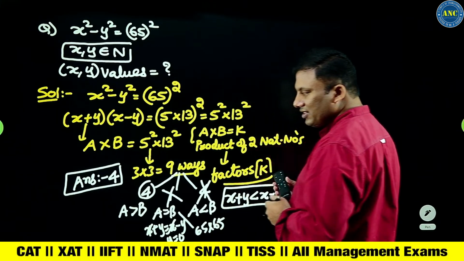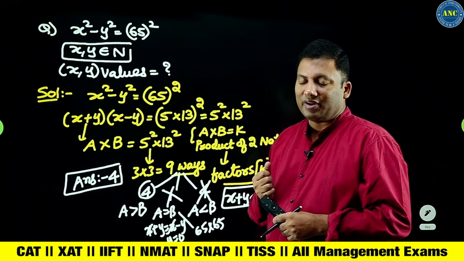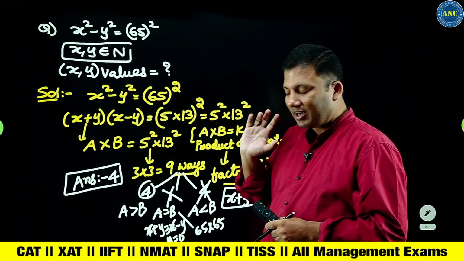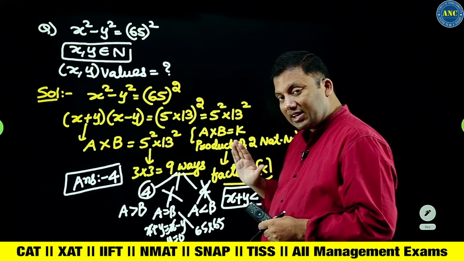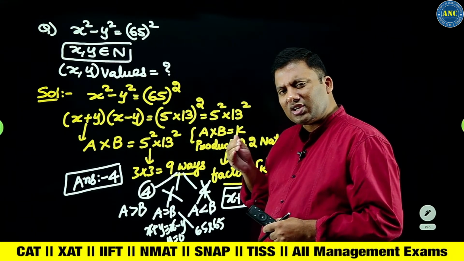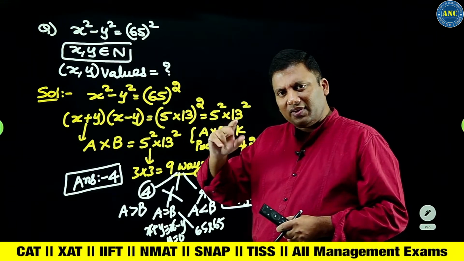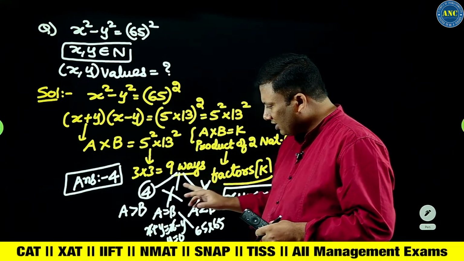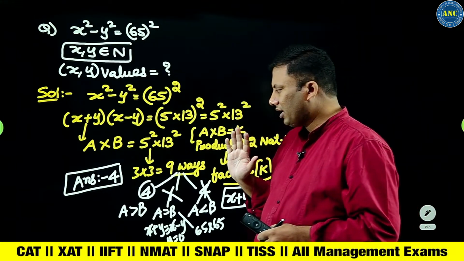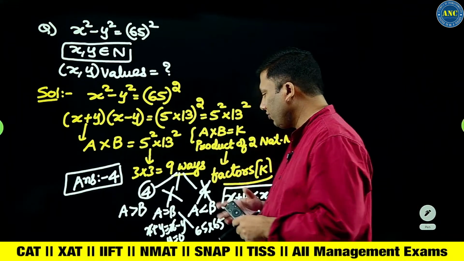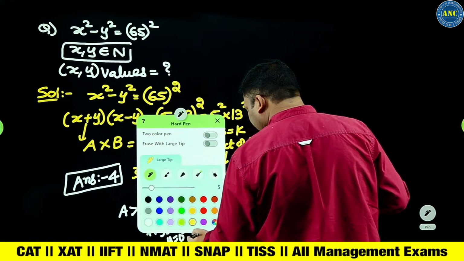If x plus y is equivalent to x minus y, y will be 0. X and y are natural numbers. That case is eliminated. A is less than B: sum of two natural numbers less than the difference? Not possible. Sum is always greater than their difference. These are eliminated. So the only possibility is 4. Total 4 values.